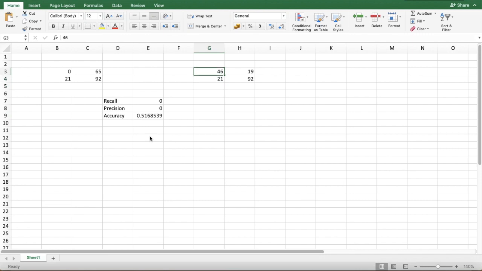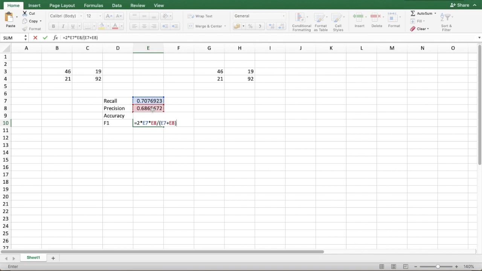Let's take this particular data point, which is more realistic than the other one, and calculate F1 score. F1 score is nothing but 2 into precision into recall by precision plus recall. It's almost like a weighted average score, and you can see the F1 score comes to 0.696.